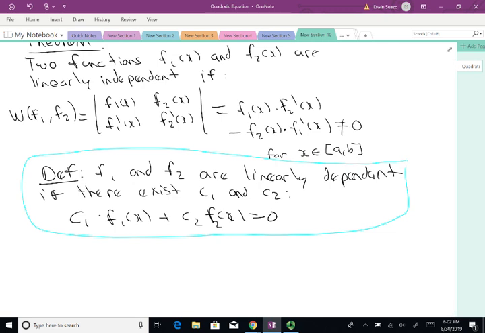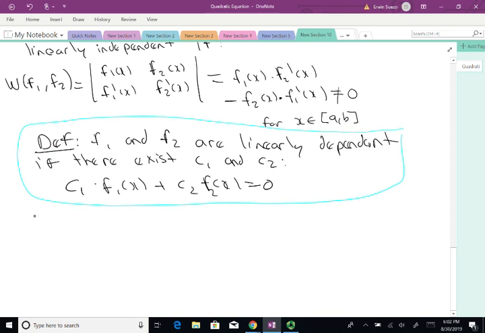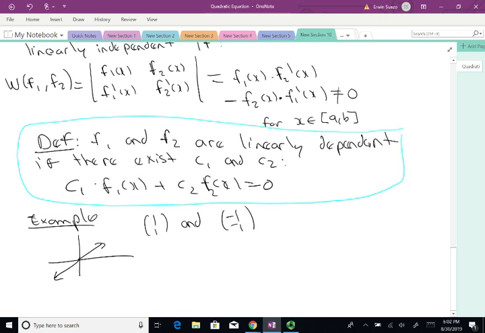Okay, and this definition applies to vectors. Two vectors are linearly dependent if they are in the same line. So if you apply this definition, for example, what is linearly dependent? So example, you have 1 1 and minus 1 minus 1. Well, this is a silly example.